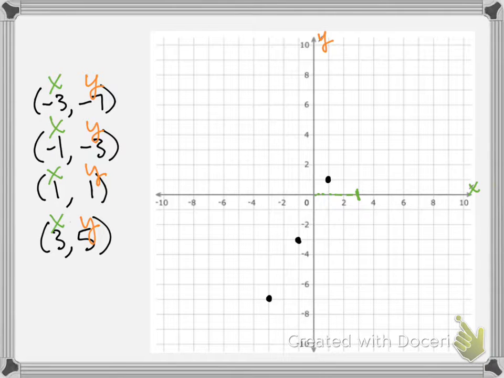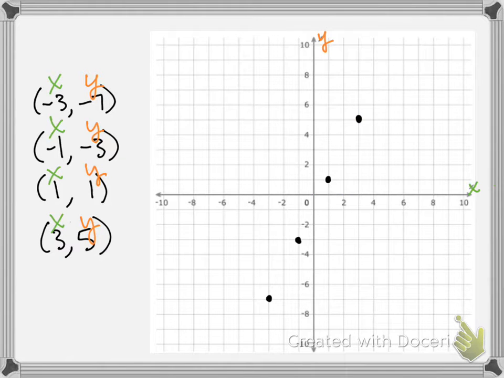I'm going to start at the origin, go up until I get to where y is 5, which is right here. I will draw my guidelines. One guideline, another guideline, and I can see that they cross. So my point is going to be right there where they cross.